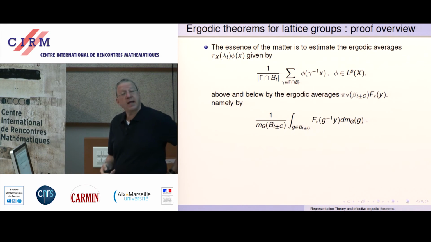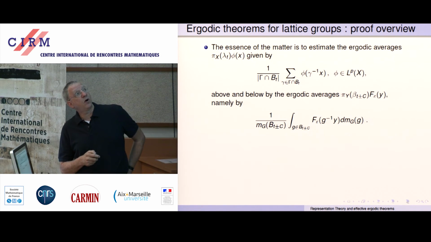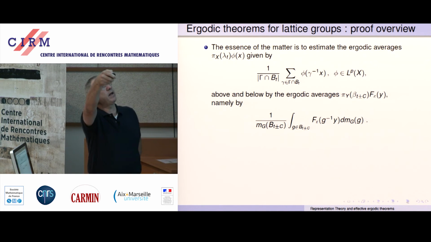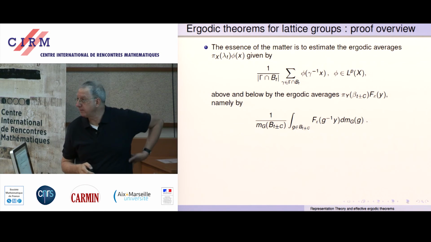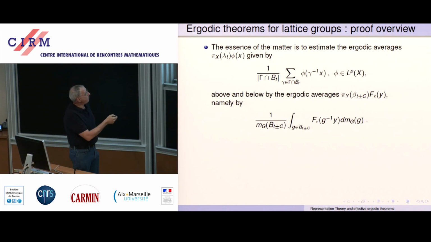Now, we would like to estimate these ergodic averages on gamma in the right space above and below by ergodic averages of the form pi y beta t plus minus c of f epsilon y, namely by the usual ergodic averages over G, where we have taken our family T, but we allow ourselves some freedom in the parameter.